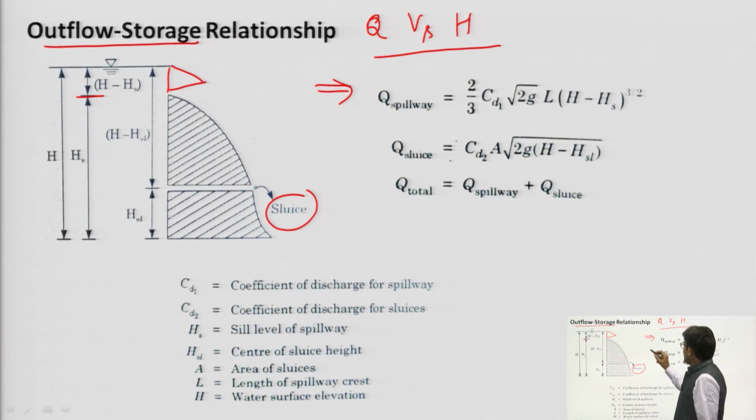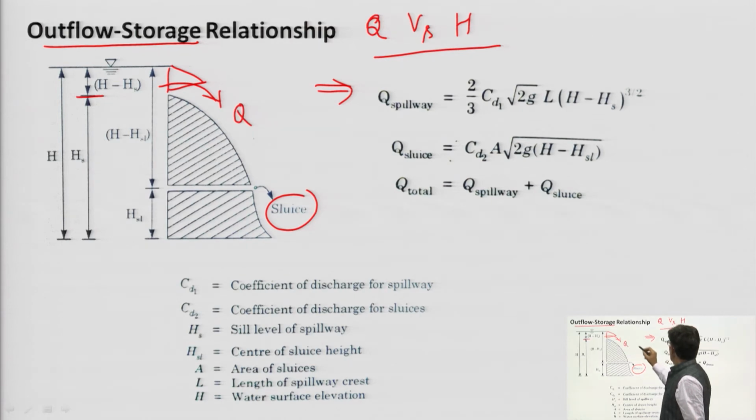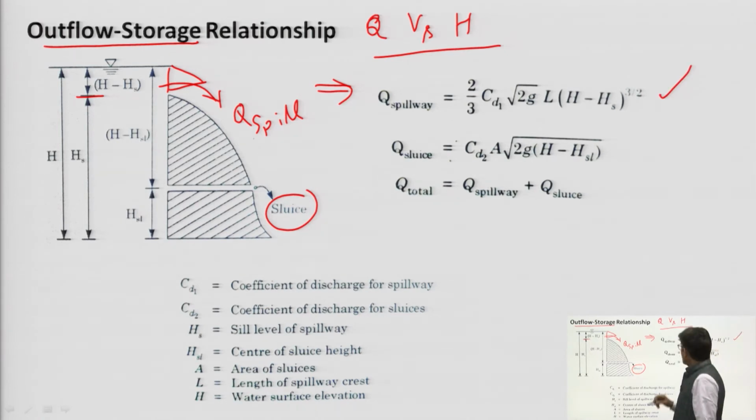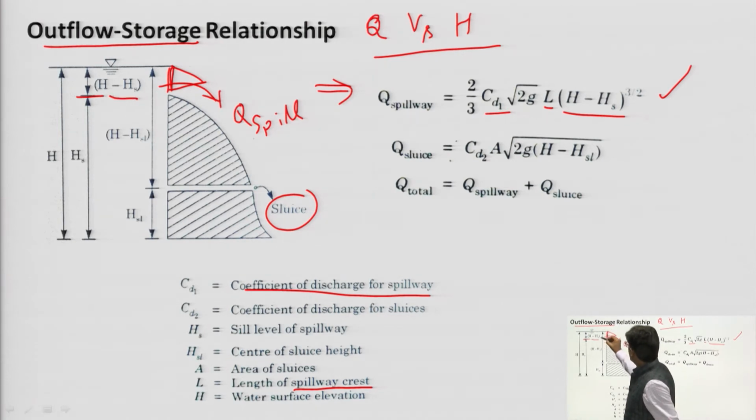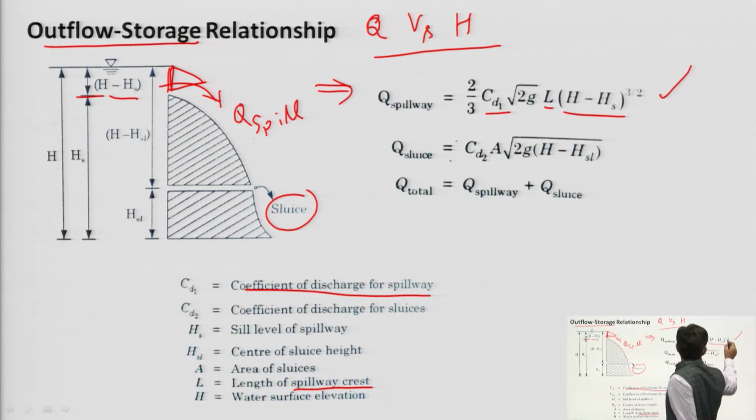So in case of spillway, this discharge Q can be calculated using this expression: 2 by 3 C_D1, where C_D1 is the coefficient of discharge for spillway, times under root 2g, L, where L is the length of the spillway crest, times this difference H minus h_s to the power 3 by 2.